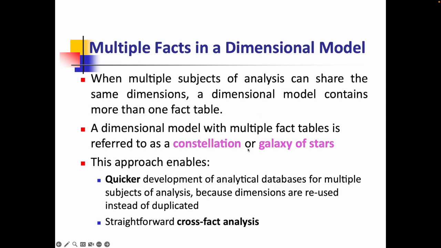Now, if they want to have both sale and return fact tables, they may also share some dimensions, right? Which dimensions are they sharing? Customer, product, right? Products are refunded, products are sold.